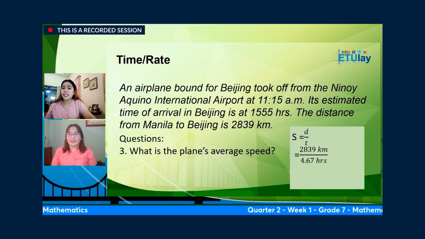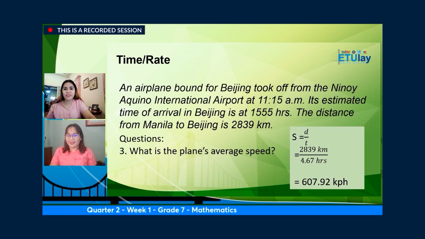So the distance is 2,839 kilometers over the time 4.67 hours, and that would be 607.92 kilometers per hour. So did you get the same answer, Grade 7? Very good. For those who did not get the right answer, don't worry. I know you can get it the next time.